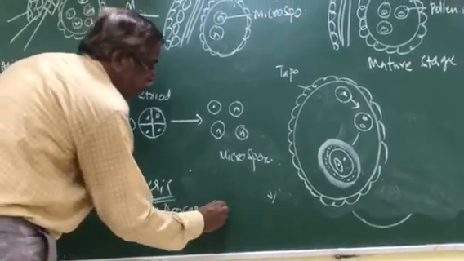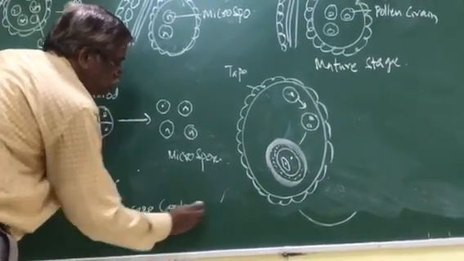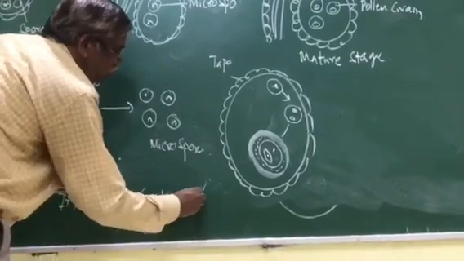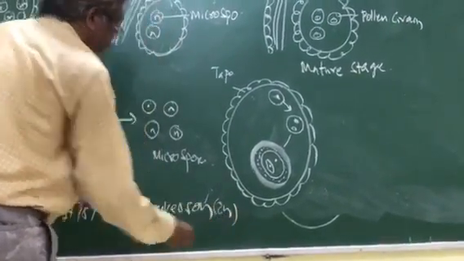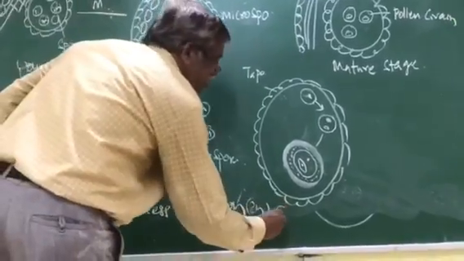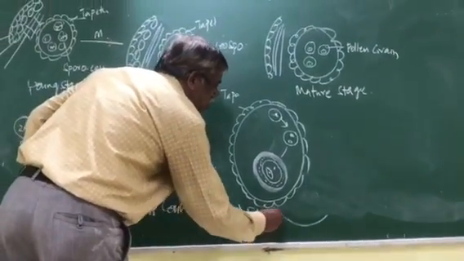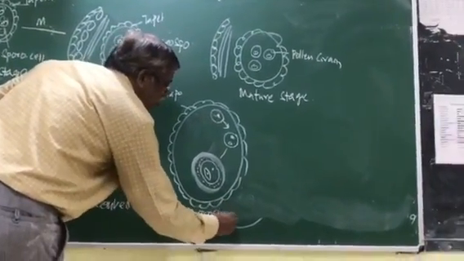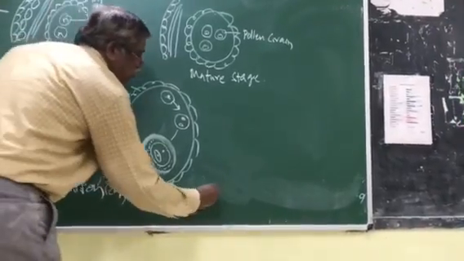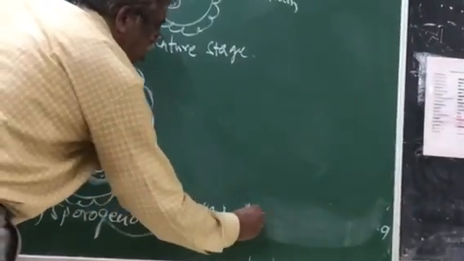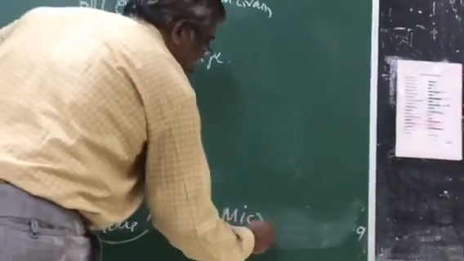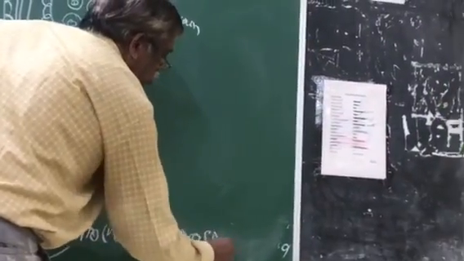Conversion of diploid sporogenous cells into haploid microspores.